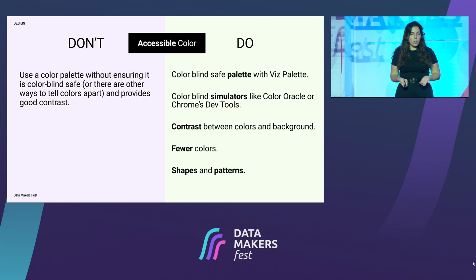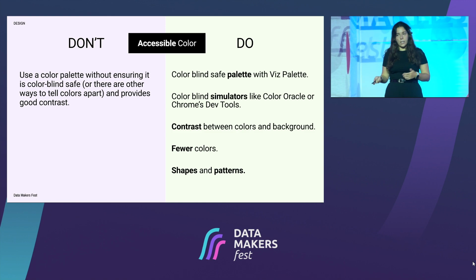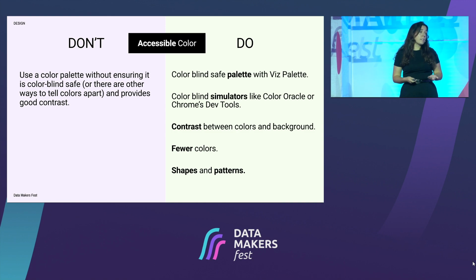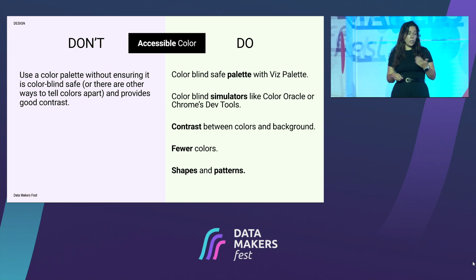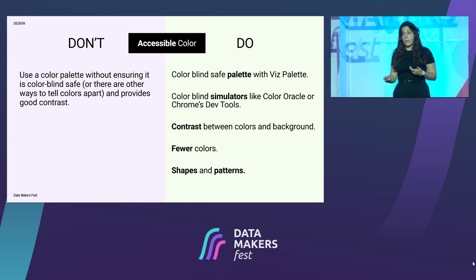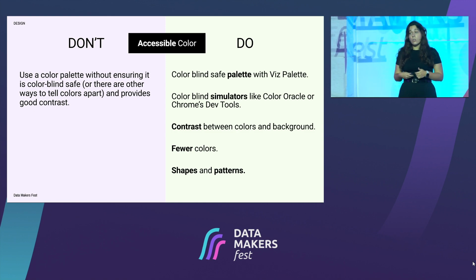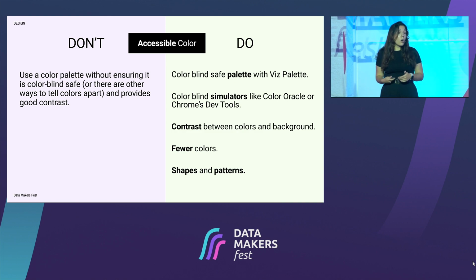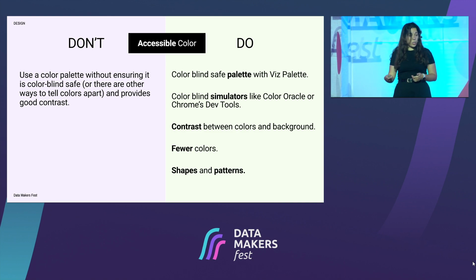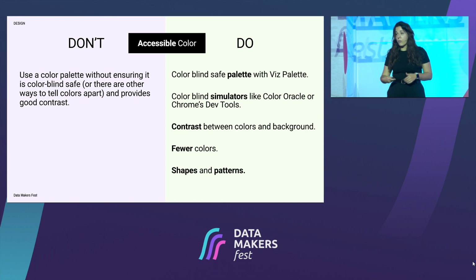And there are plenty of tools online that help create these colorblind safe palettes. There are colorblind simulators like Color Oracle or even Chrome's dev tools. And there are also things that you can do as a practitioner. You can use fewer colors if the visualization can afford it, or even use double encodings, using shapes and patterns that reinforce the difference between the points in the data.